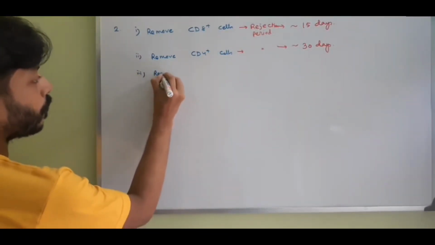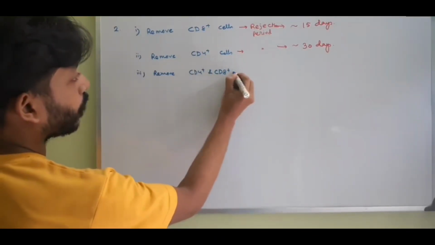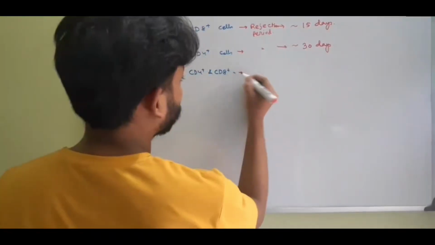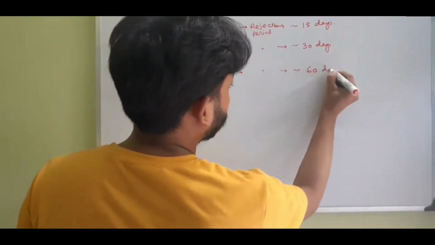They also performed another experiment. They removed both CD4 positive and CD8 positive cells, and found that the rejection period was now prolonged to approximately 60 days.